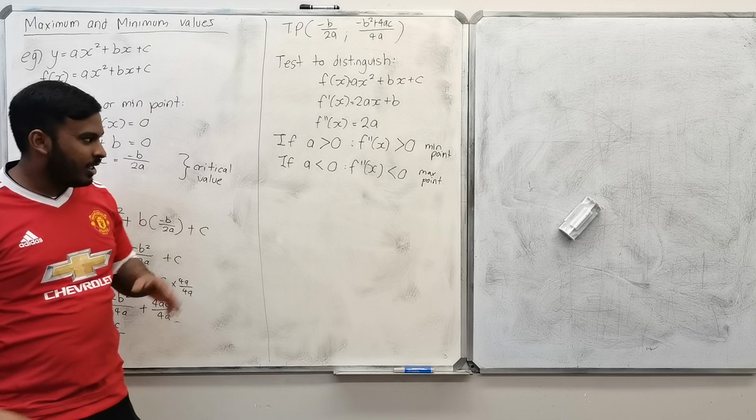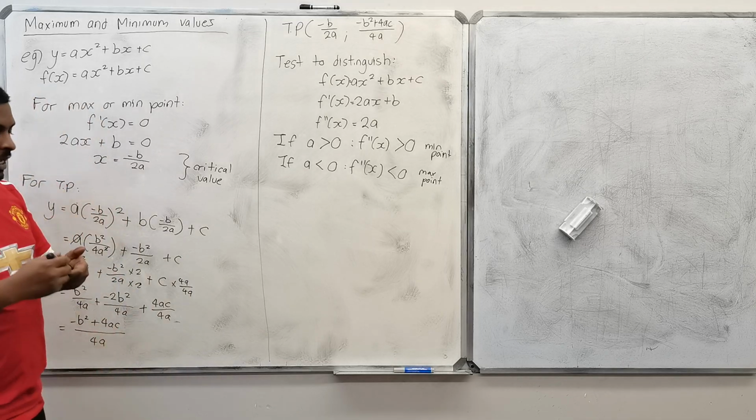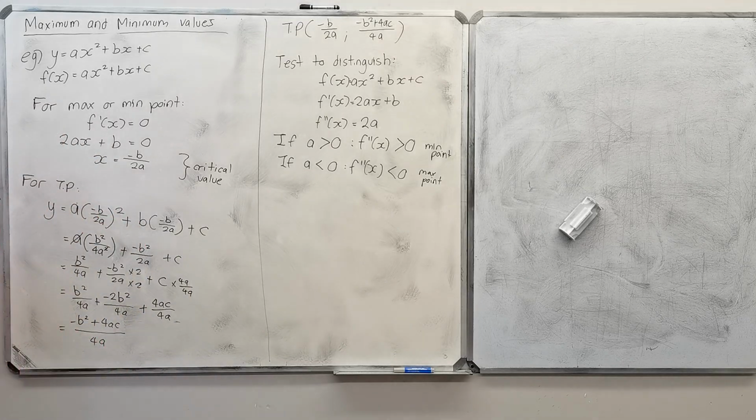Another thing, these values that you calculate, you see in the last question we did, we calculated values for f double prime. f double prime of 0 is equal to 4, and f double prime of minus 4 is equal to minus 4. Those values mean nothing other than the fact that if it's greater than 0, it's a minimum point, and if it's less than 0, it's a maximum point.